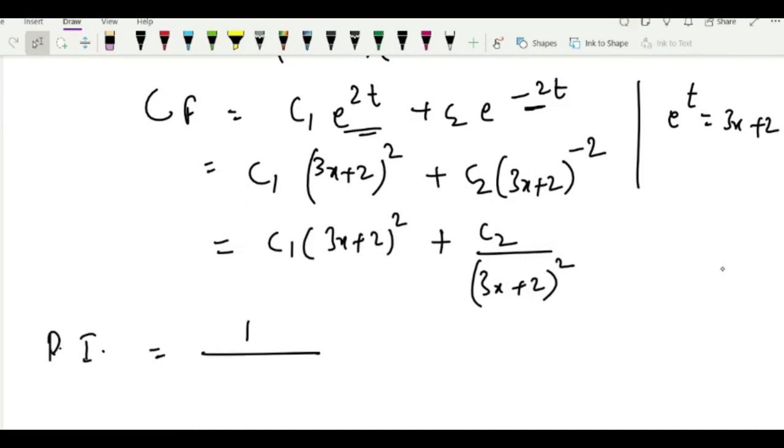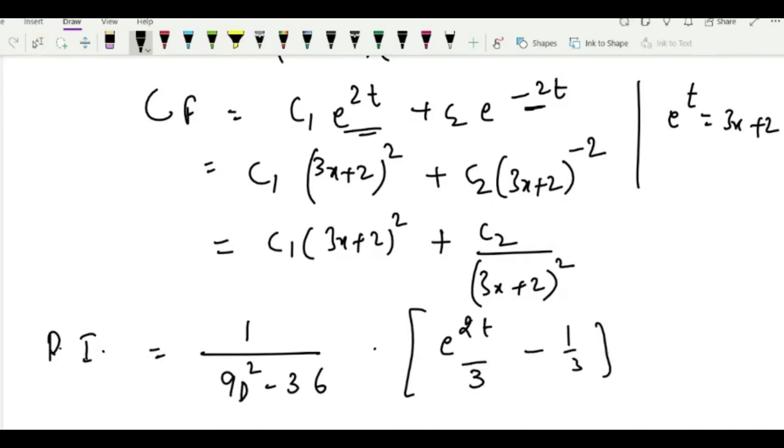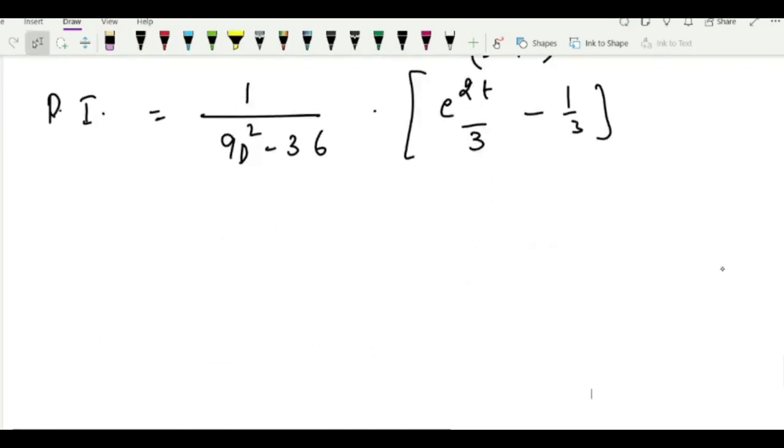Now the particular integral. For the particular integral we have f of D as 9D square minus 36, and on the right hand side we have e raised to power 2t by 3 minus 1 upon 3, which we have found earlier. So how can we solve this?